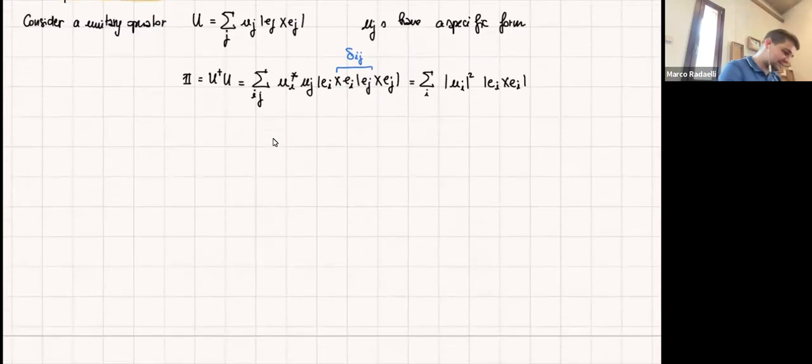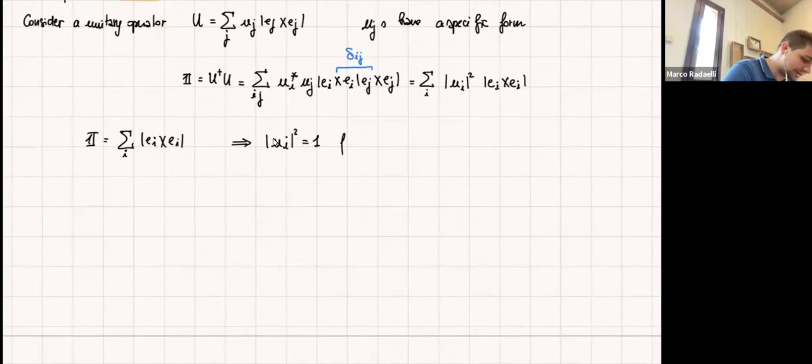If this has to be the identity, we know that the identity can always be represented like this, that's the resolution of the identity. So it means that for all i's, the modulus square of u_i has to be 1. Basically u_i is a phase of modulus 1.